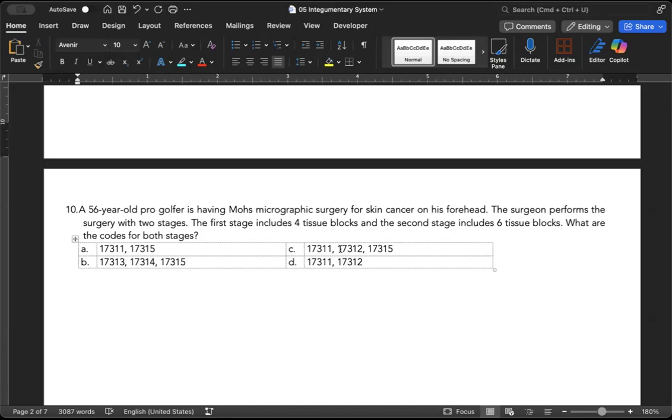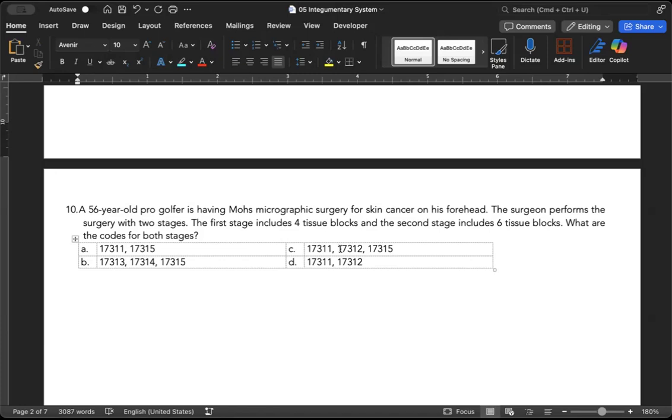So your 17311 is your Mohs micrographic surgery, including removal of all gross tumor, surgical excision of tissue specimens, mapping, color coding of specimens, microscopic examination of specimens by the surgeon, and the histopathologic preparation, including routine staining on the head, neck, hands, feet, genitalia, or any location with surgery directly involving a muscle, cartilage, bone, tendon, major nerves, or vessels. Okay.